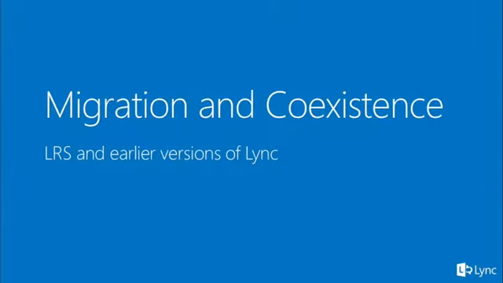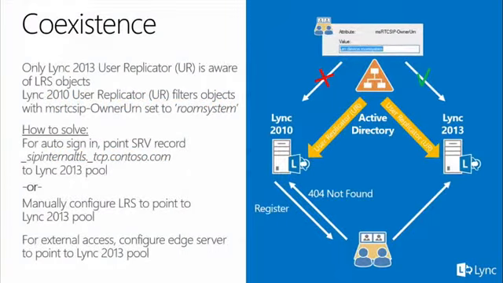From a migration and coexistence point of view, this is where we talk about Lync Room Systems and earlier versions of Lync. In a mixed setup, there are some challenges, and we'll talk about that a little later. From a coexistence point of view, really it's only Lync 2013 that's aware of LRS objects.